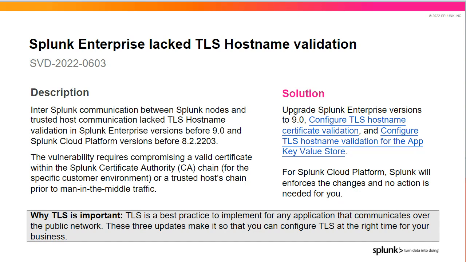Now, it's really important to configure TLS hostname validation. It's important to remember that the TLS certs need to have the domain names or the host names embedded in the CN or SAN fields. You can also configure wildcards as a host name and as part of the host name.